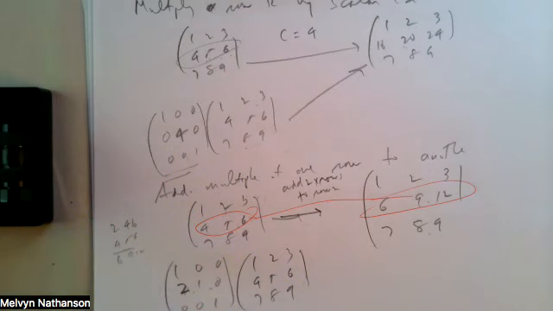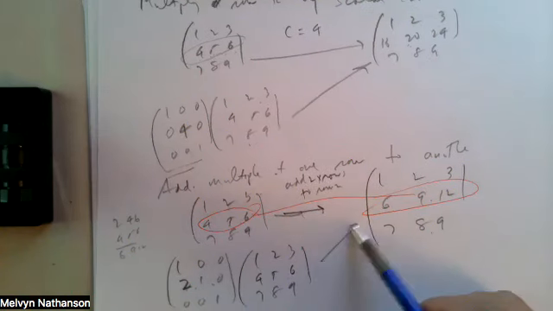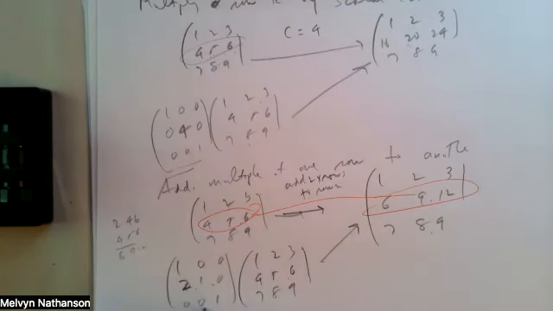You can check that if I take this elementary matrix and multiply it by the original matrix, I get exactly the same thing. This elementary matrix times A gives me this.